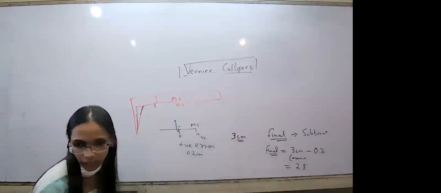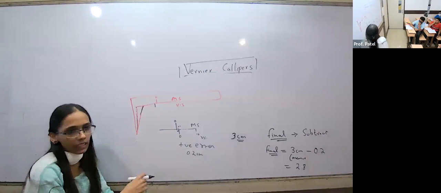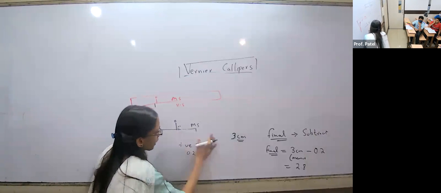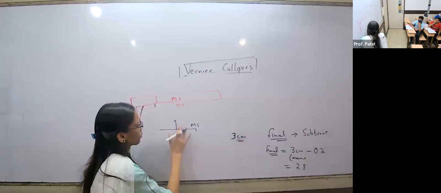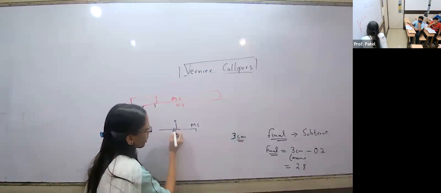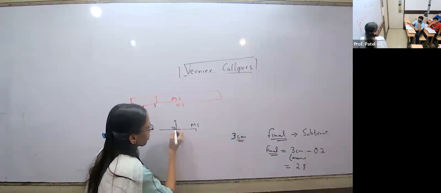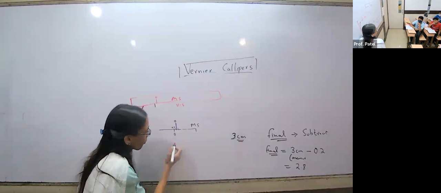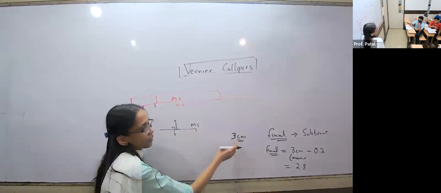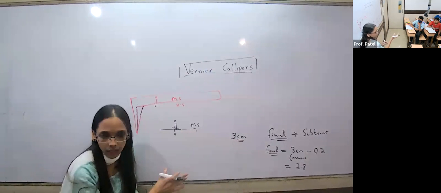Okay, and like she said, in negative error, what will happen? In negative error, this poor fellow, let's say it was 0.25, 0 is overlapping here. So what happens when it was giving me a measurement of 3 centimeter? Had it traveled 3 centimeter?